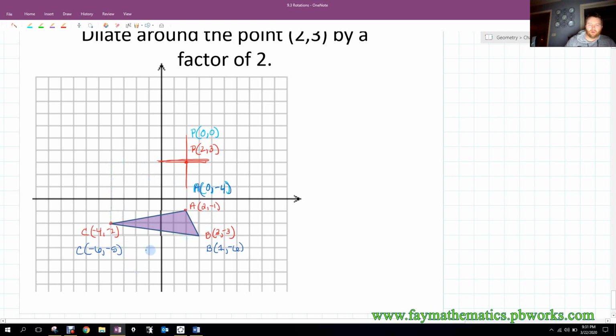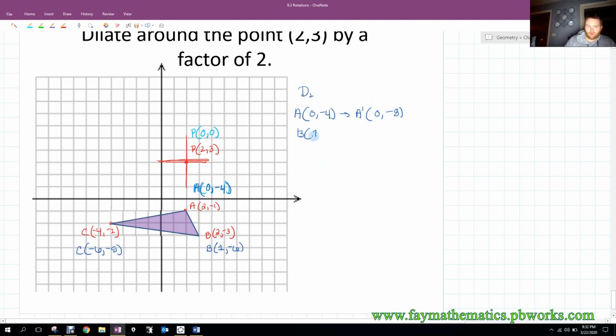So now these blue points are actually the points that we can dilate around by a factor of 2. Okay, so I'm going to dilate by a factor of 2, and that's going to say A, which was at 0, negative 4, is going to dilate to, I'll call it A prime real quick, 0, negative 8 when I double.